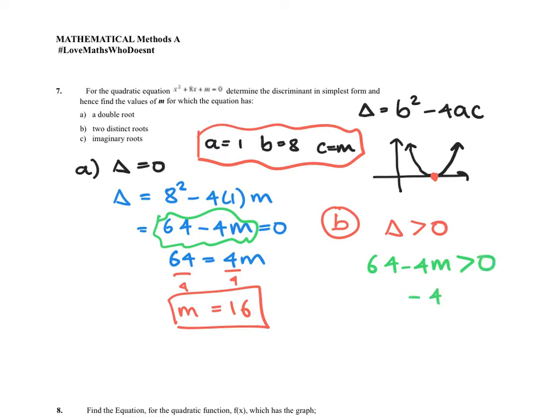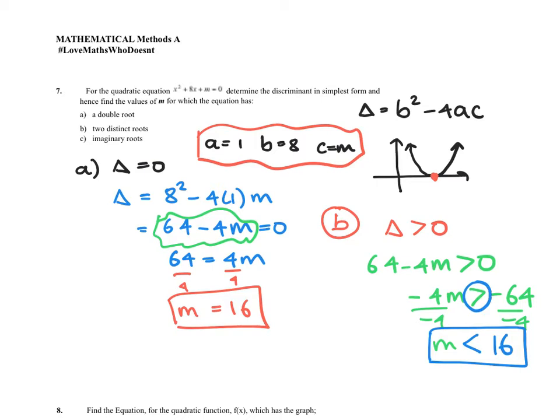We move 64 to the other side, it becomes negative 64, and divide by negative 4. Every time you divide an inequality by a negative number, the sign has to change to the opposite, so m is less than 16. So to have 2 real solutions, m needs to be less than 16, and that's going to give us a graph something like that.